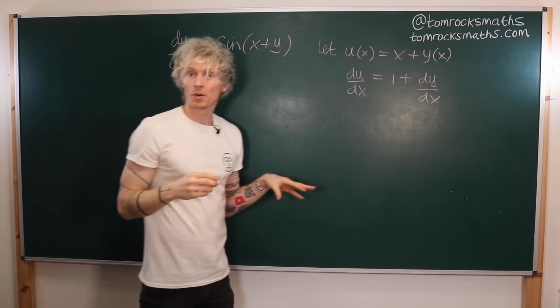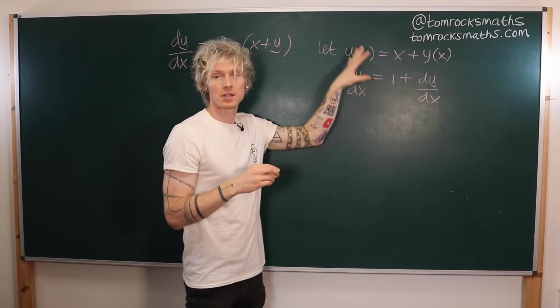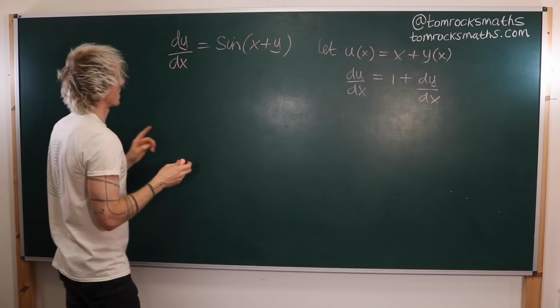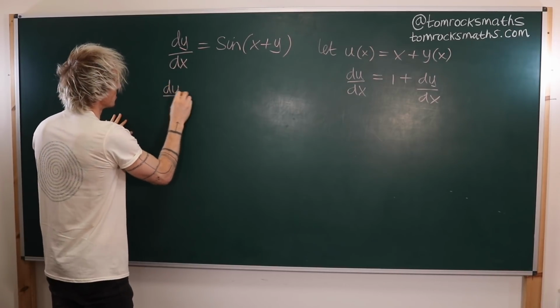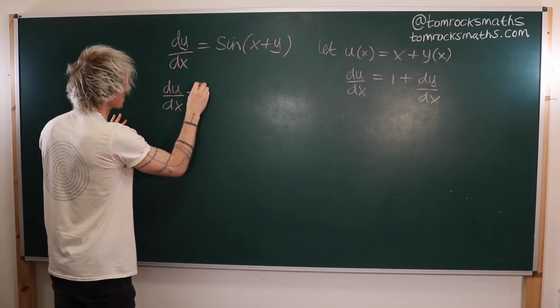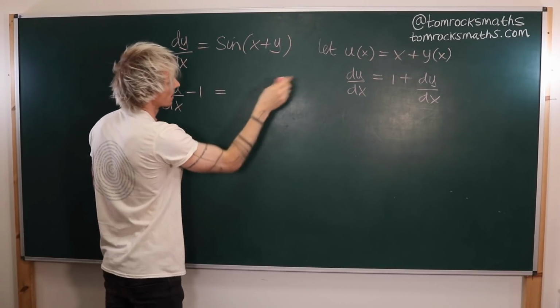And so therefore, dy by dx is equal to du by dx minus 1. So I'm going to put that in. So dy by dx is now du by dx minus 1, and that's equal to sine of u.